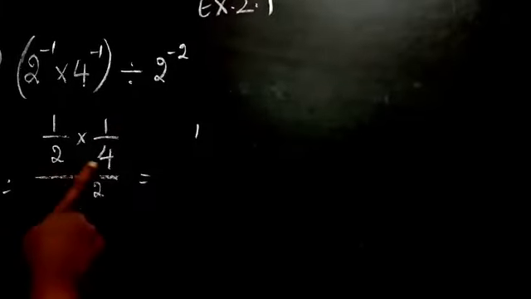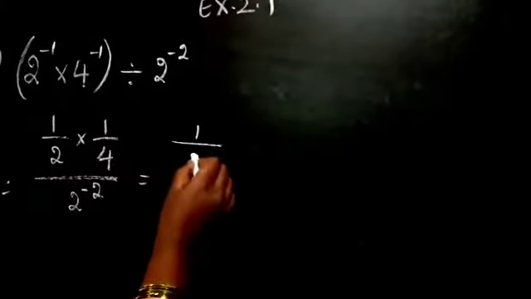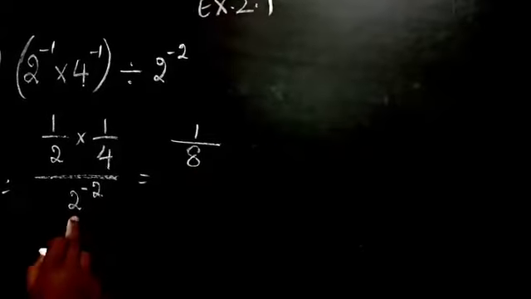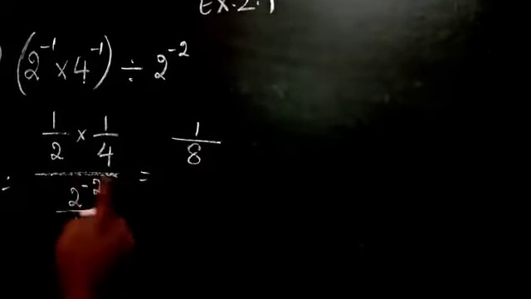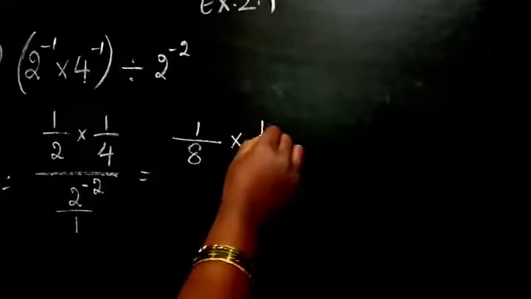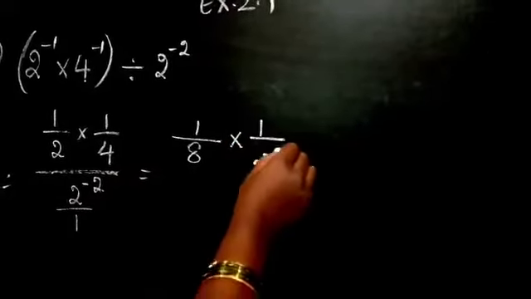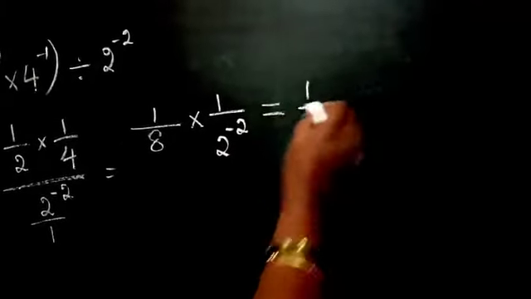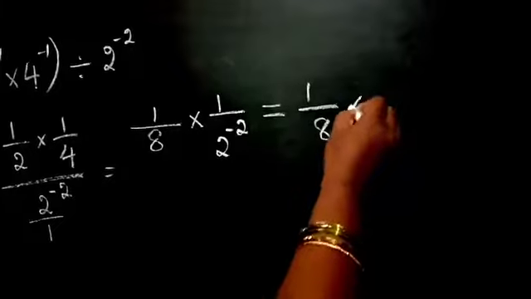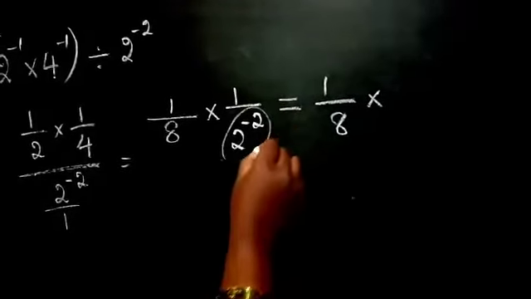Here 2 into 4 is 8, we can write this as denominator. So we can write as numerator this one, 1 by 2 to the power of minus 2, equal to 1 divided by 8, in denominator.